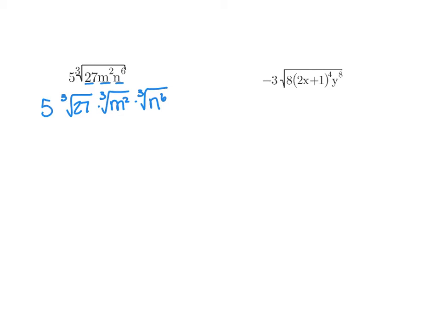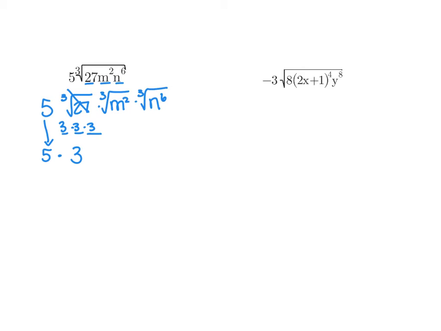Okay. Well, the cube root of 27, so what number times itself 3 times will give you 27? I'm sure you're all thinking 3. Because 3 times 3 times 3. That 5 that's out there, that's just going to hang down. It's going to eventually be multiplied by the 3 that we're able to simplify from the radical.